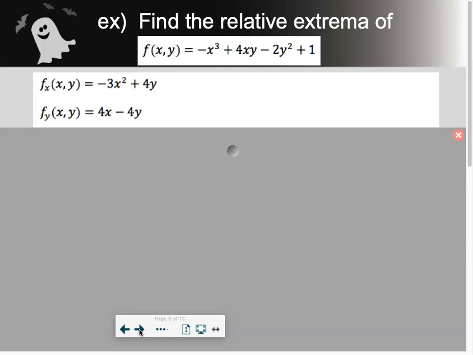Once you find your x values, there should be 2 of them. Then you've got to write them as ordered pairs. So 0, 0, and then 4 thirds, and then 4 thirds and negative 4 thirds. Good.